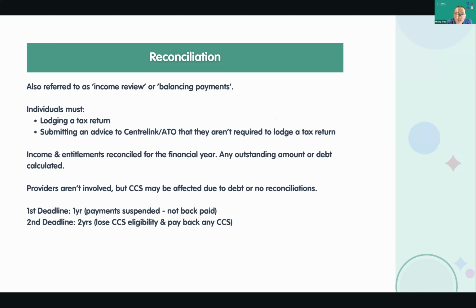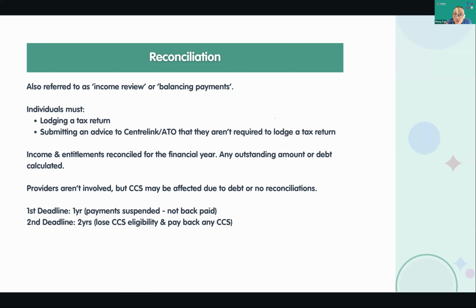Reconciliation is also referred to as income review or balancing payments. For CCS purposes, to meet reconciliation conditions, individuals or their partners can do so by lodging a tax return, or submitting an advice to Centrelink and the ATO that they are not required to lodge a tax return.